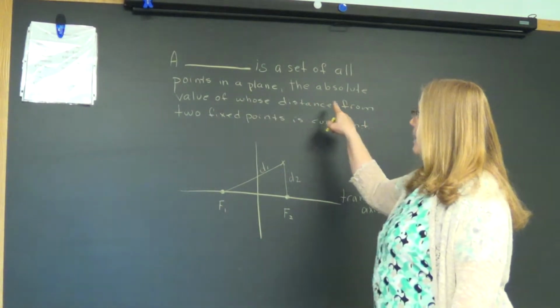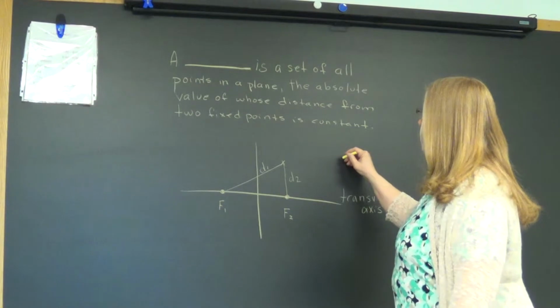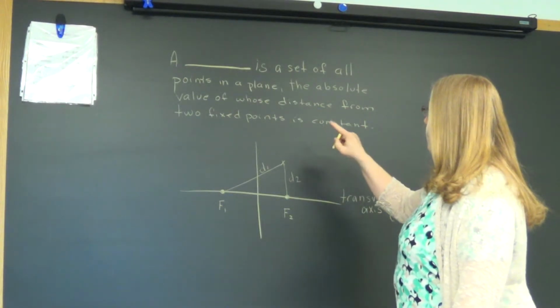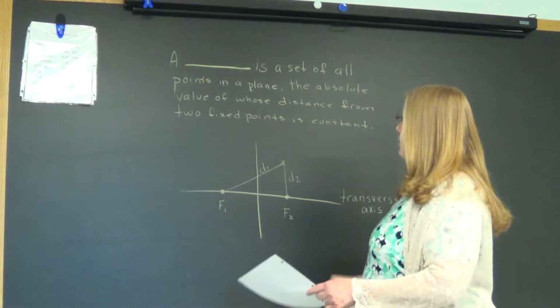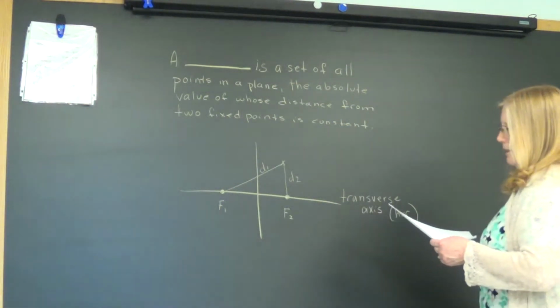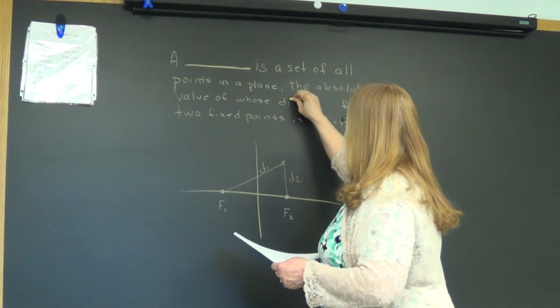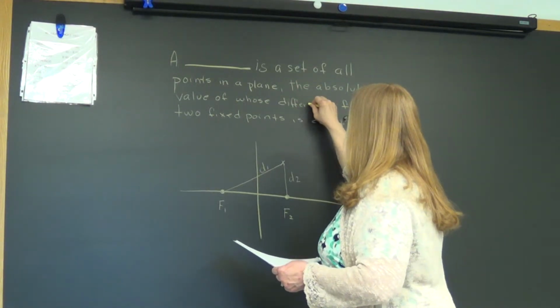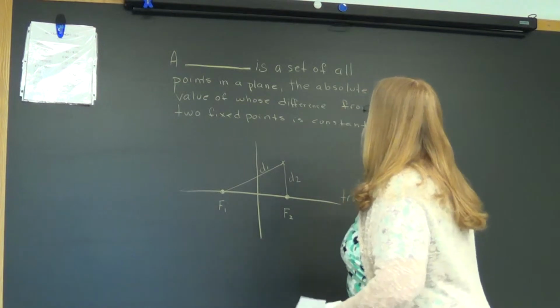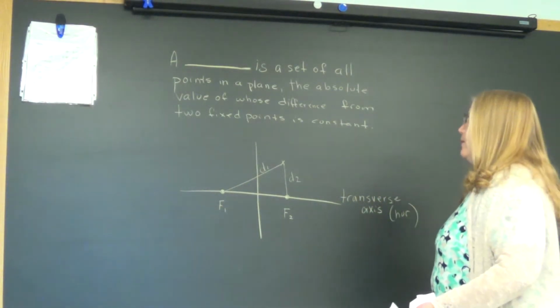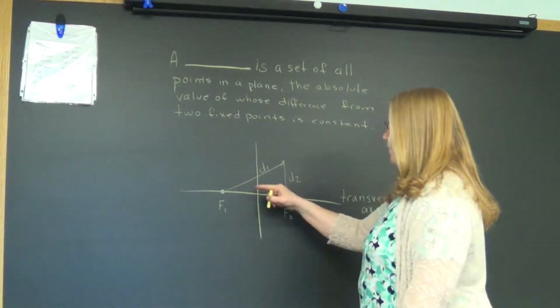Now this says the absolute value of whose difference, I think I left out a phrase. Yeah, that's not distance, it's difference. Sorry about that. Let's read it again. A blank is a set of all points in a plane, the absolute value of whose difference from two fixed points is constant. That makes more sense.